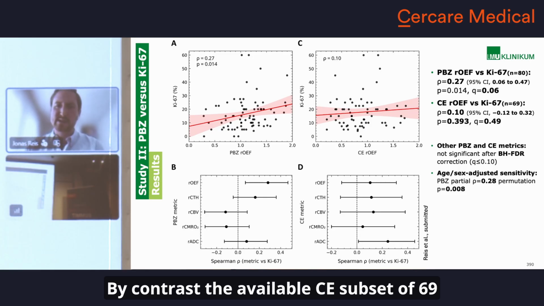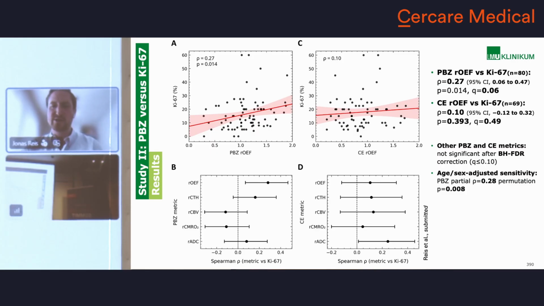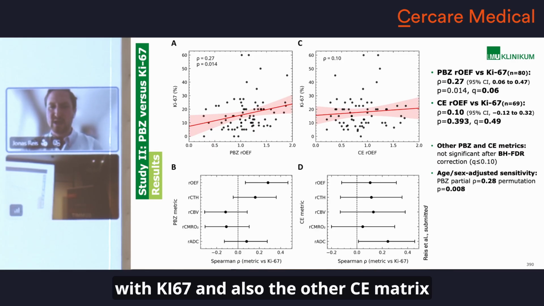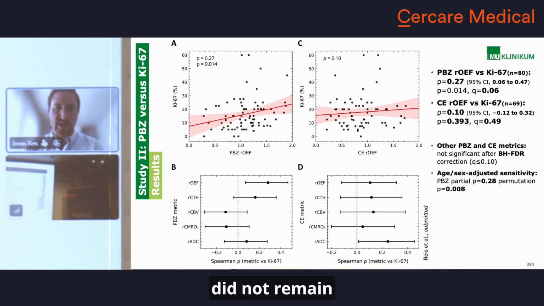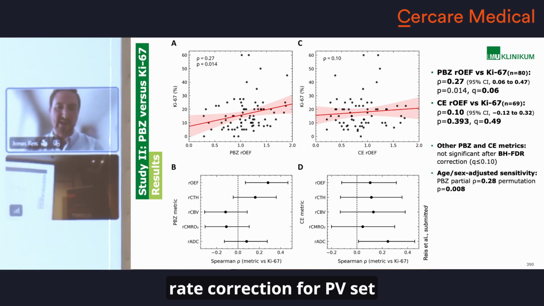By contrast, in the available CE subset of 69 patients, CE OEF did not show an association with Ki67. And also the other CE metrics did not remain significant after false discovery rate correction, for PBZ as well as for CE, shown here.